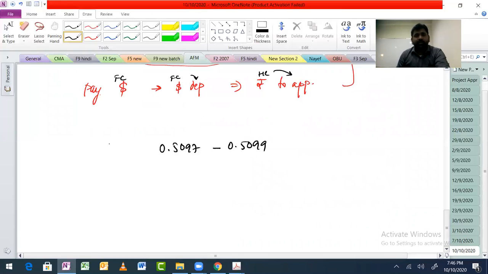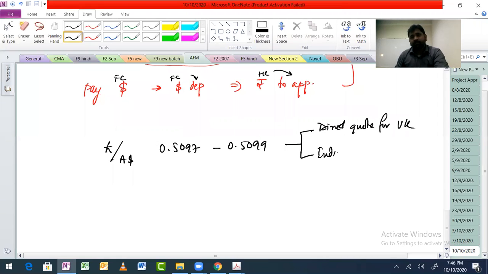So basically it is pound per Australian dollar. Fine. So first thing, this one is a direct quote for UK and an indirect quote for Australia. Is that okay?